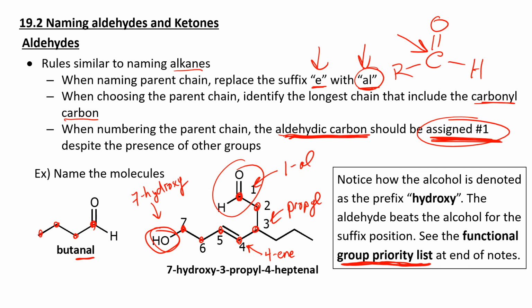So when we put this together, 7-hydroxy, 3-propyl, 4-heptenal. You could have said 7-hydroxy, 3-propylhept-4-enal. And because it has to be number one, you don't have to put that one denoting the location of that aldehyde.